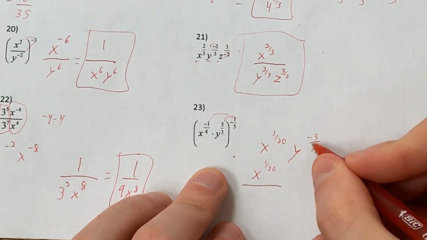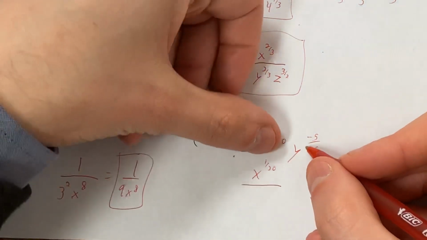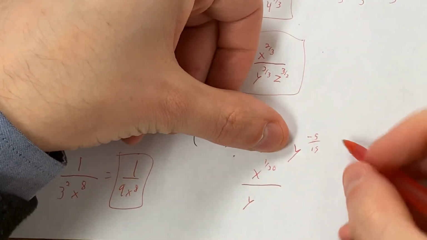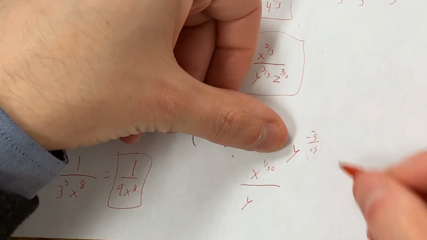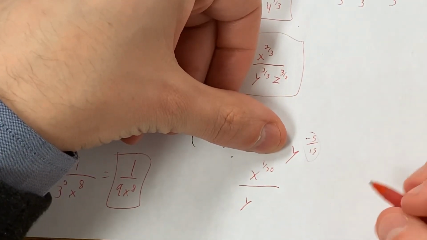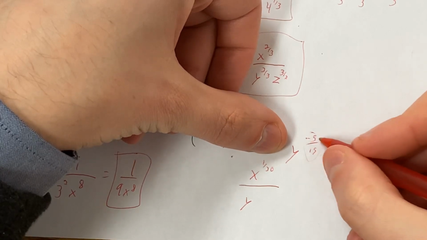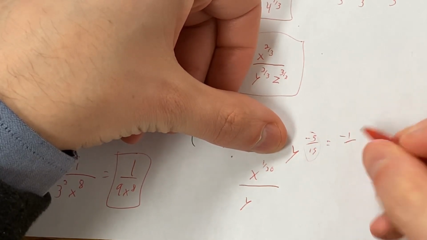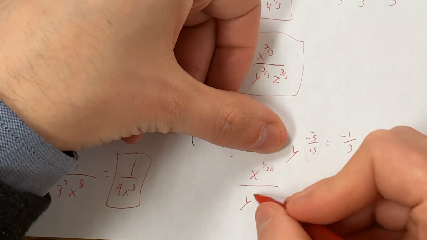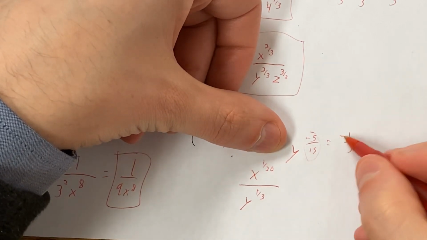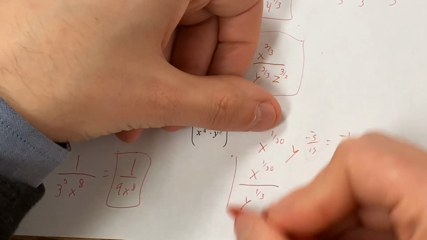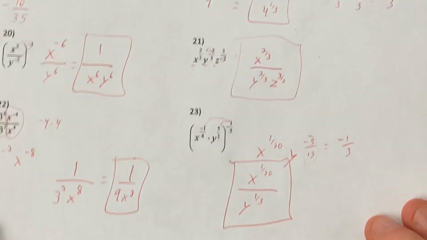But with the y, it's negative. So it's going to go down to the bottom. But also, you can simplify negative 5 over 15. You can divide them both by 5. In which case, if you divide this by 5, you get negative 1. If you divide that by 5, you get 3. So it's now going to the bottom because it's negative, and it'll be 1/3. And that's the answer to that.